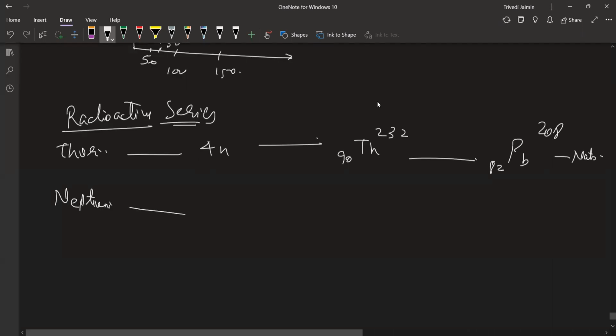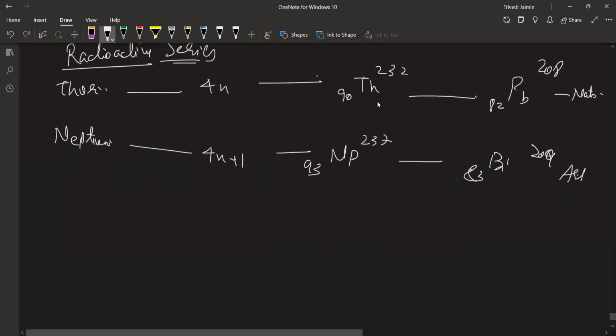Neptunium: 4n plus 1, Np 237, ending at Bismuth 83, 209. This is artificial. And so on, like uranium U 238, 92, 238, ending at Pb 206. These are the stable end products.